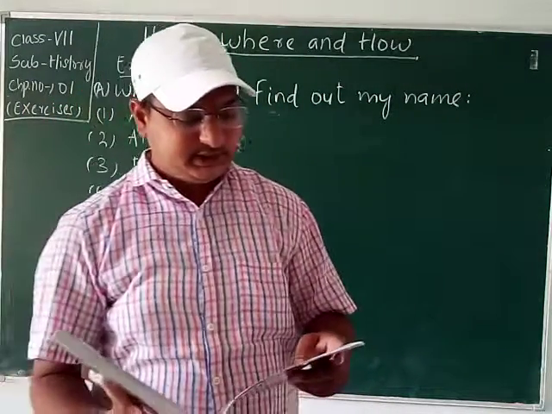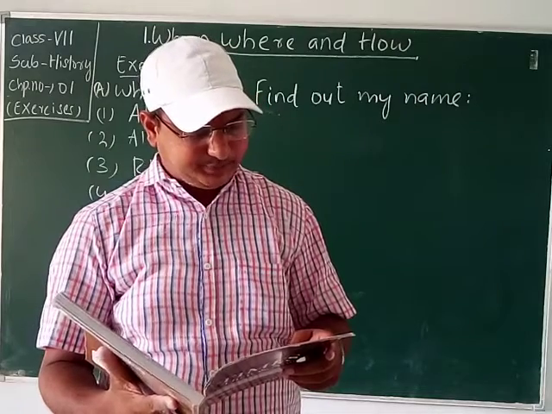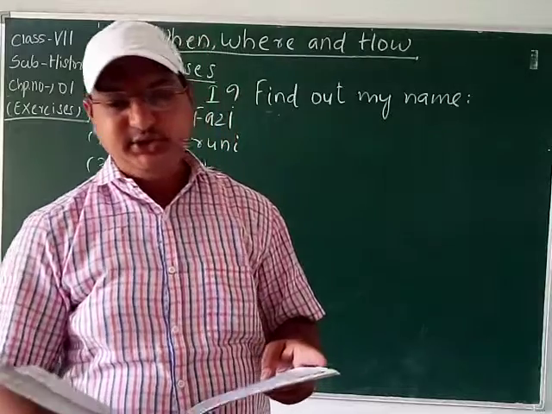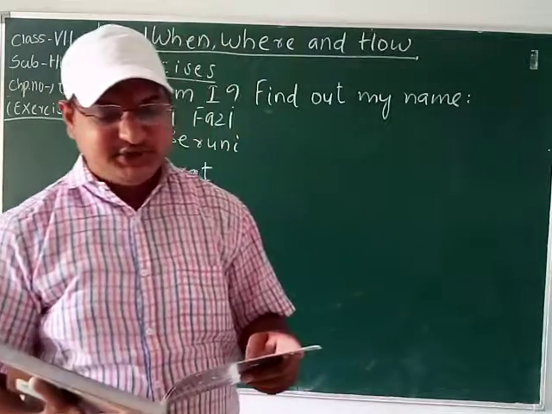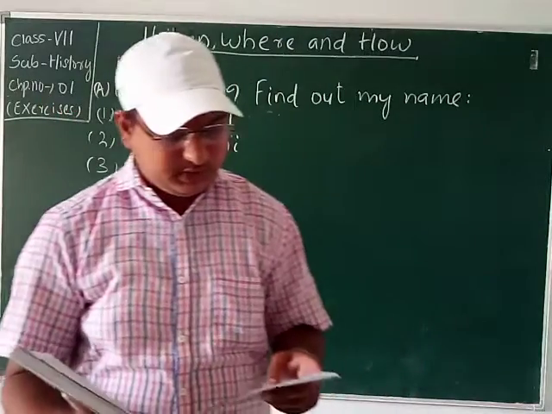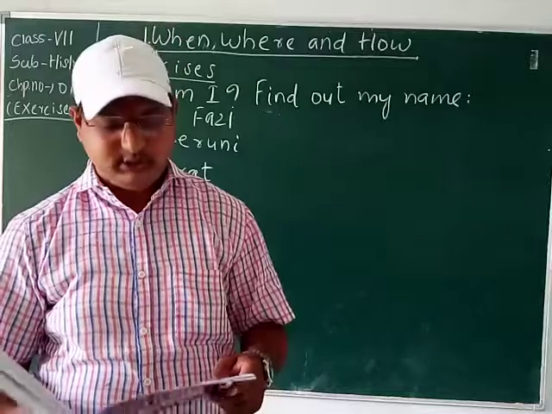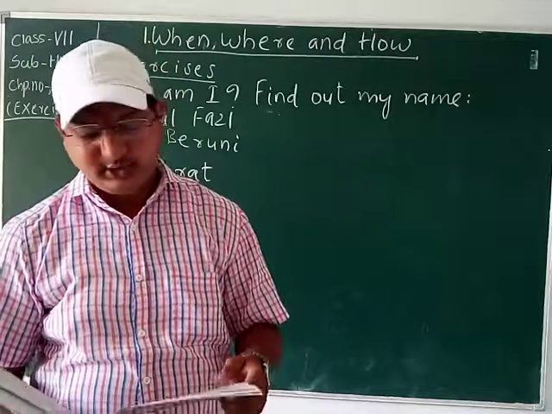Students, the last question in the fill in the blanks section is, my medieval period starts during the 8th century and ends in the 18th century. Students, this is all about the CE, C stands for Common Era or AD, we can write.